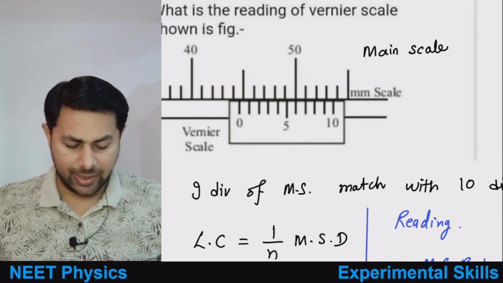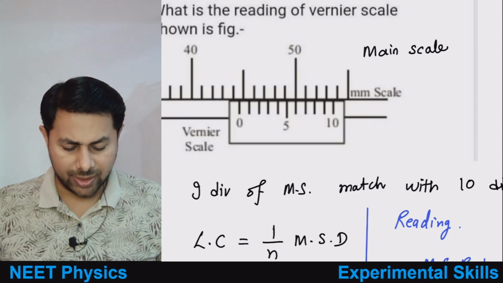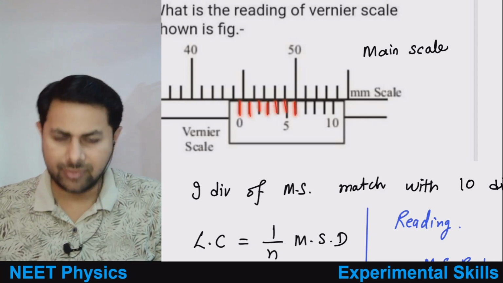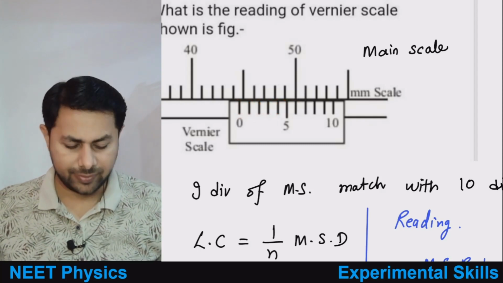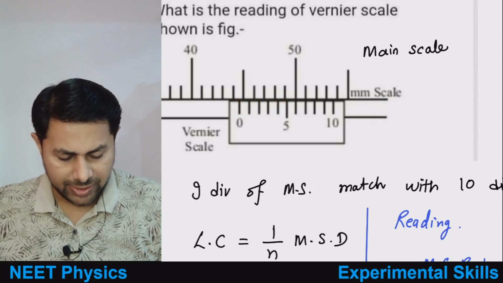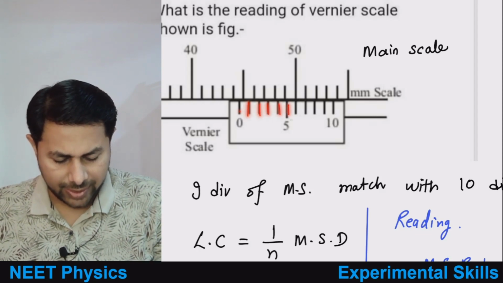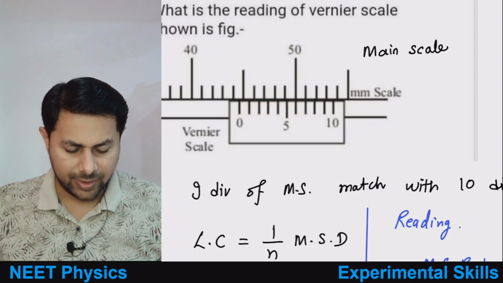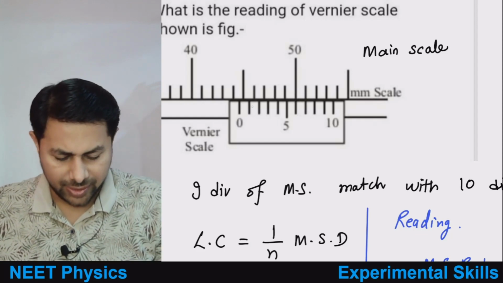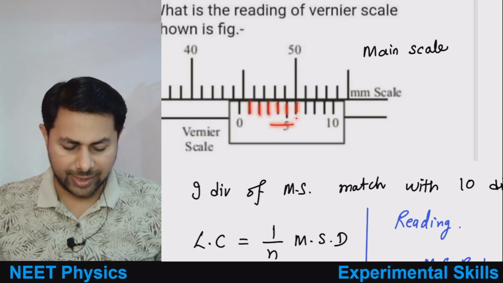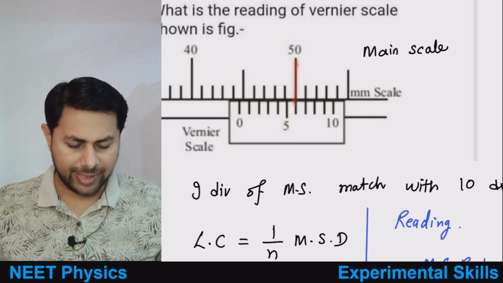Then what's the vernier scale reading? Here you should see which line of this vernier scale matches with some line on the main scale. Which line is that? It's 1, 2, 3, 4, 5, 6, right? So the sixth division matches with this line on the main scale, right?